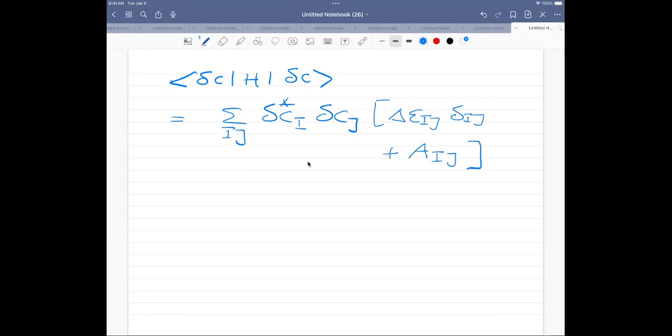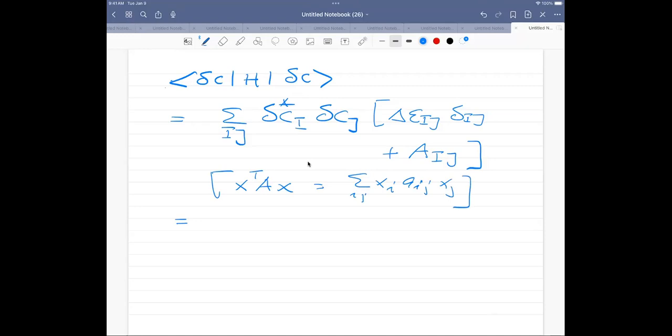Now if you think of this, what we have is a vector C multiplied with a matrix and multiplied with a new vector. If you think back to a vector times a matrix multiplication, if I have a vector x multiplied with a matrix A, this is nothing but a sum over ij of xi, the matrix elements Aij, multiplied with xj.